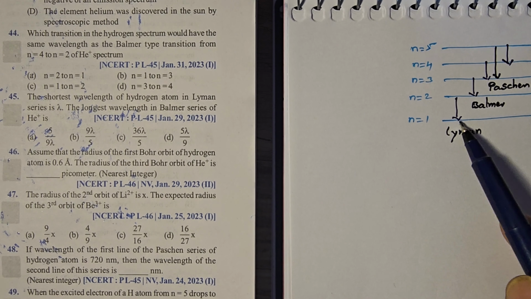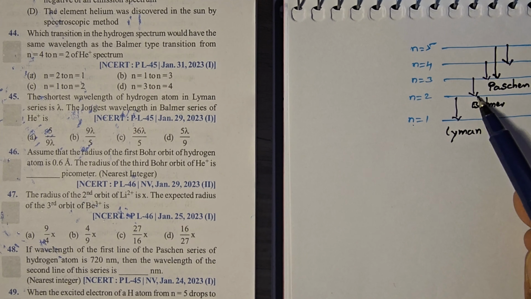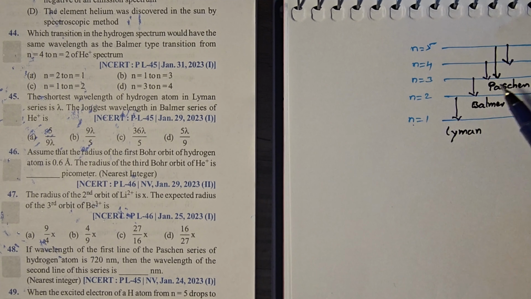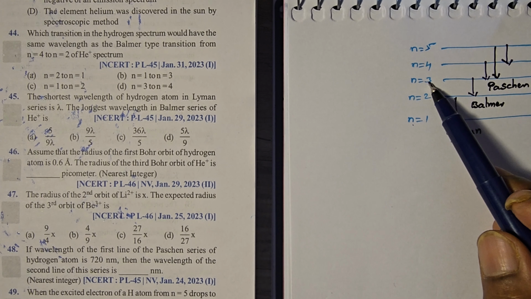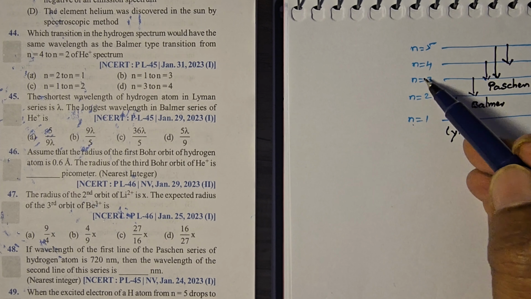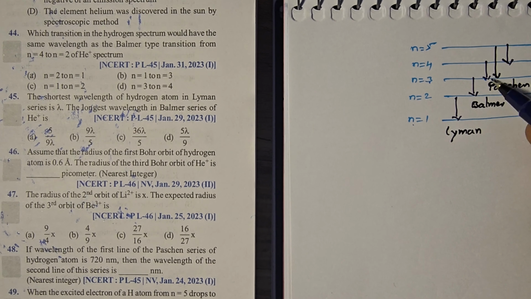In the hydrogen spectrum, the first series is Lyman. Second orbit is the Balmer series. Third orbit is the Paschen series. The Paschen series starts from the third orbit. So here the electron is moving from the fourth orbit to the third orbit. That is the first line of the Paschen series. If the electron is coming from n equal to 5 to n equal to 3, that is the second line of the Paschen series.